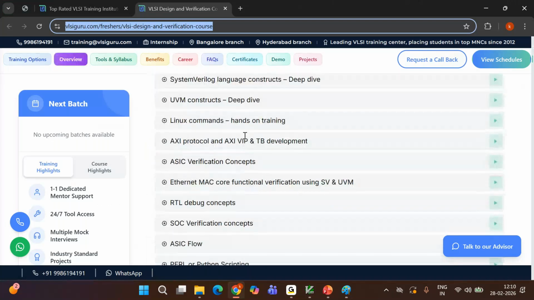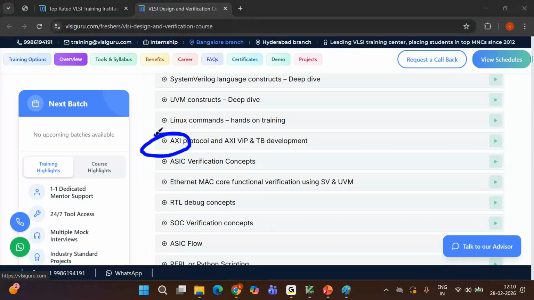These chapters, that is AXI and Ethernet MAC chapters. This is a real-time project, as I told you, Ethernet MAC, where the actual design and the actual design specification will be given to you. You need to understand the design specification. We will have sessions to go through the design document line by line, understand it, and develop a verification environment for that.